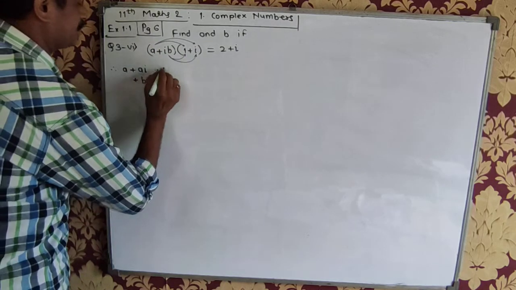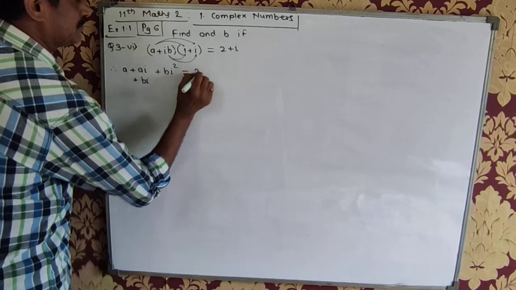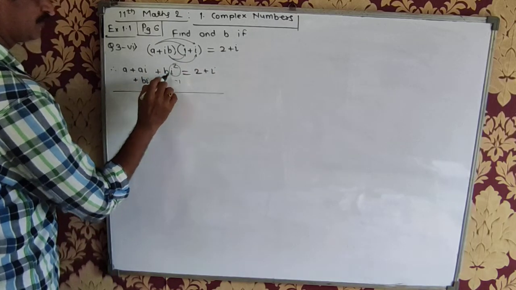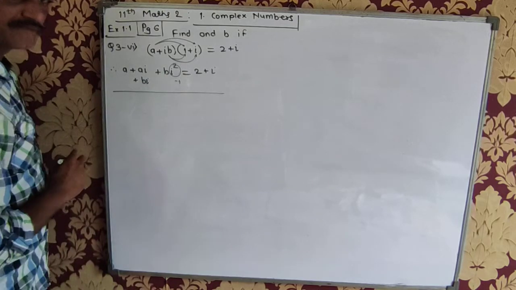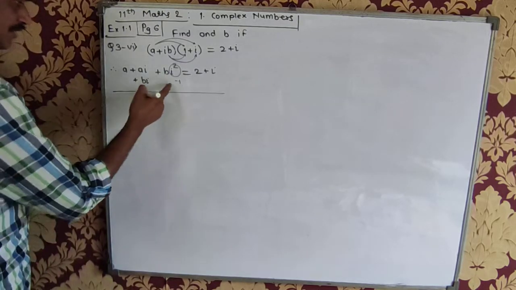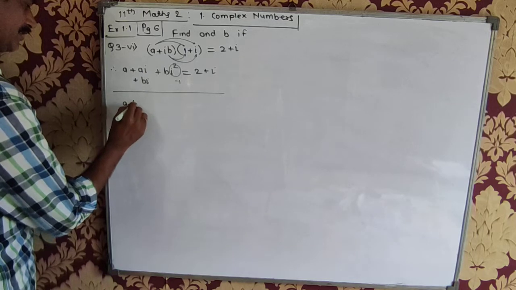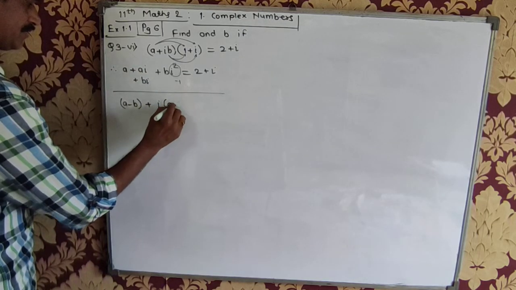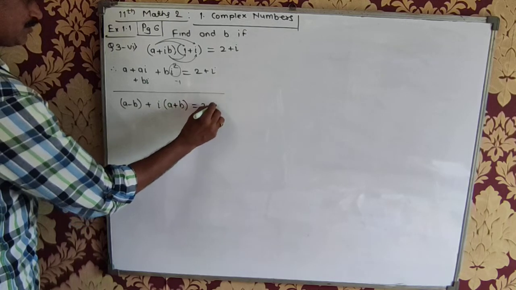And I can write here plus BI square, that is equal to 2 plus I, but henceforth I square is equal to minus 1, and therefore this will become minus B. Correct? So A minus B is the real part. And take I common from here, this will become (A plus B) I is equal to 2 plus I.